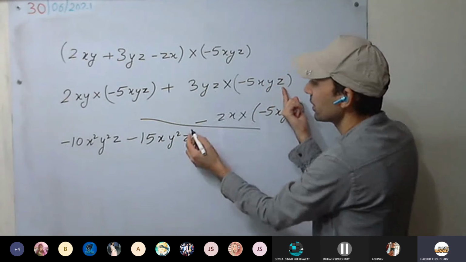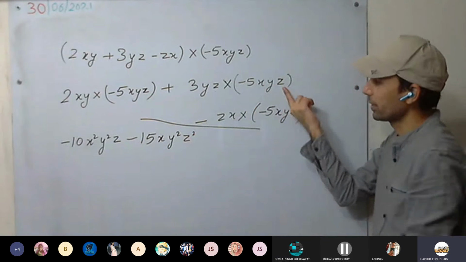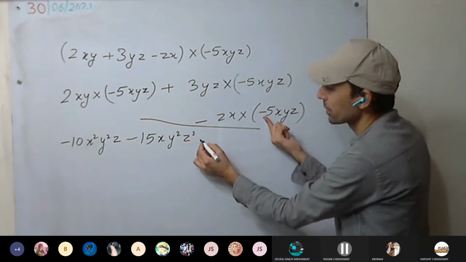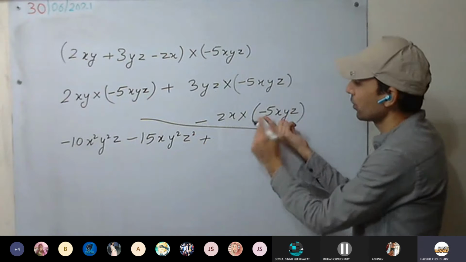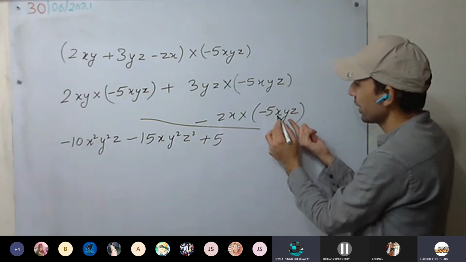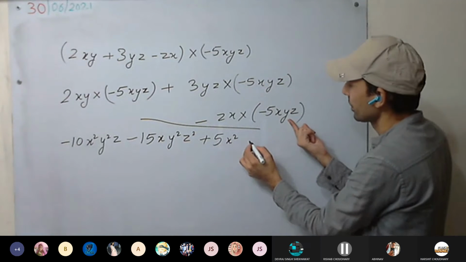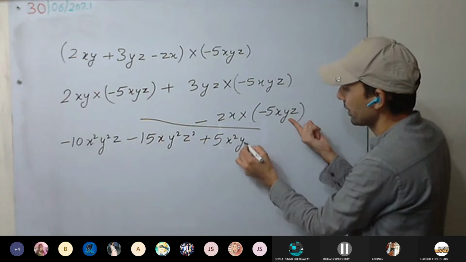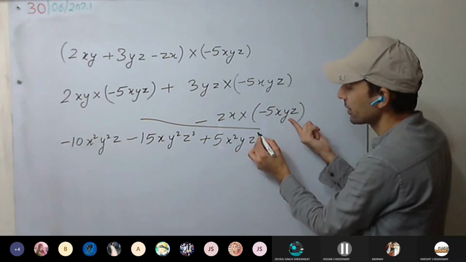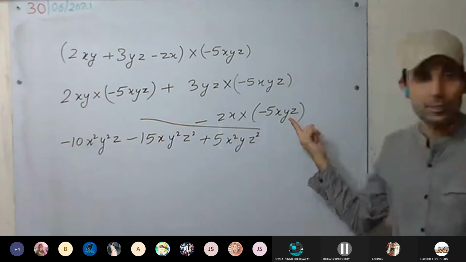Minus, minus, plus 5 x square y z square.